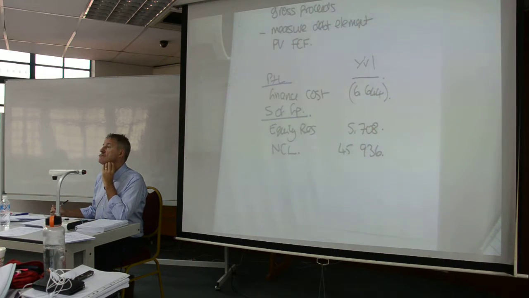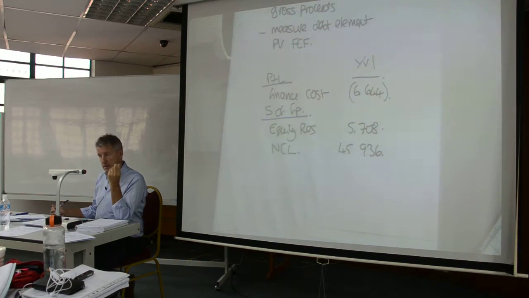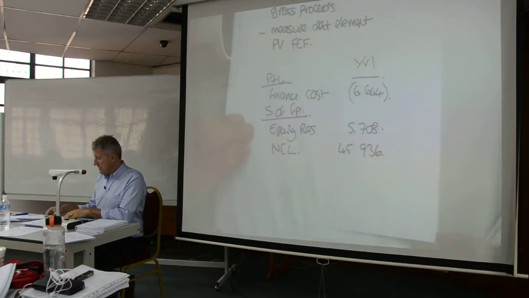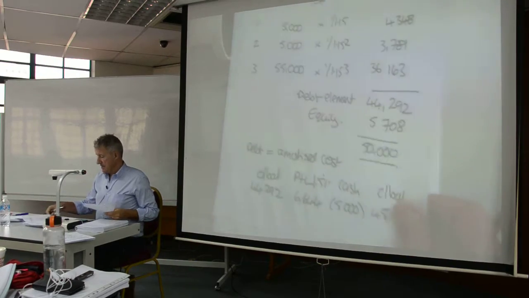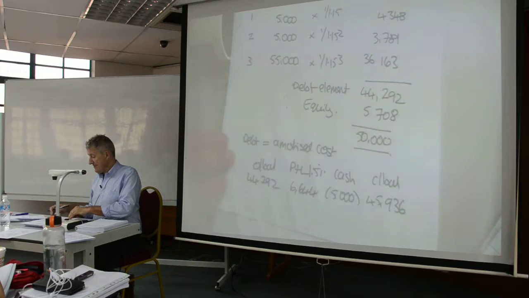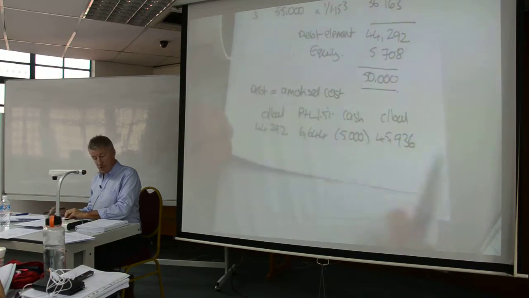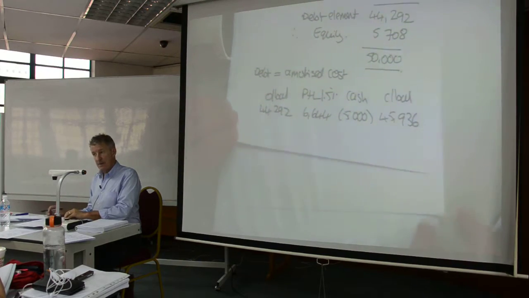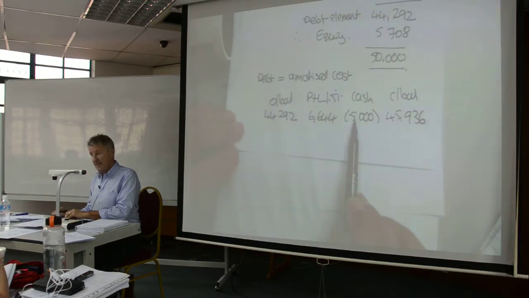But the question says coupon rate 10% payable in arrears. So the coupon rate is payable 10% in arrears, so that is what I would normally expect: with financial instruments they're not really paid in advance, they're paid in arrears. So the coupon rate is on the nominal value. So that's where I get the 5,000 from.